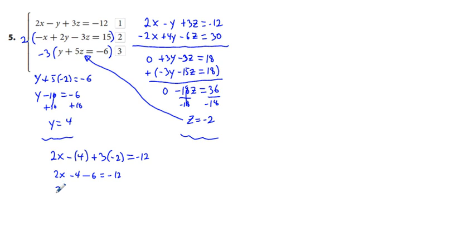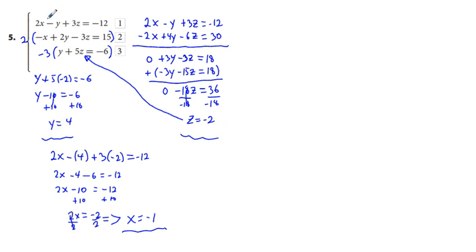So we have 2x minus 10 equals negative 12. And adding 10, we have 2x is equal to negative 2. And dividing by 2, x is equal to negative 1. So our ordered triple is negative 1, 4, and negative 2.